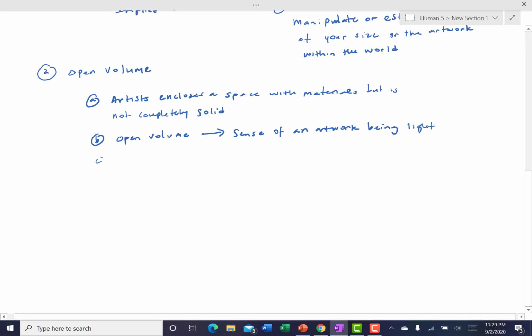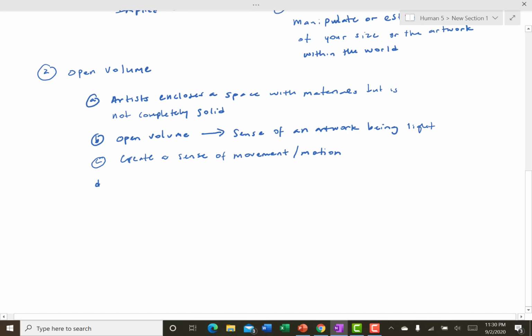Not all open volume does this, but it can create a sense of movement, or motion. And we'll look at some examples here. And again, it doesn't have to, but that is one of the things that it does.